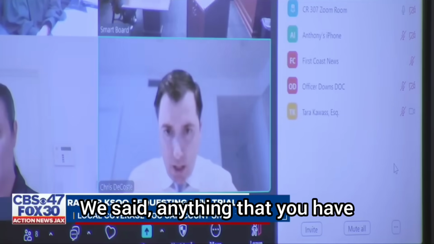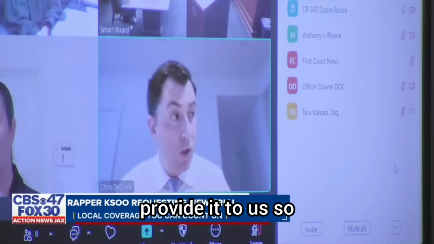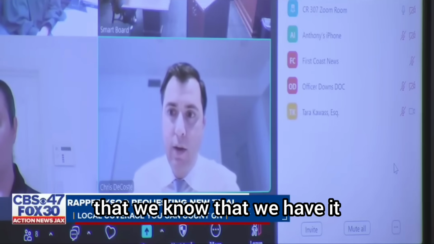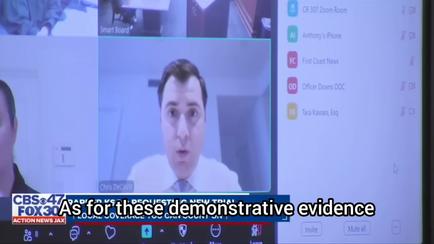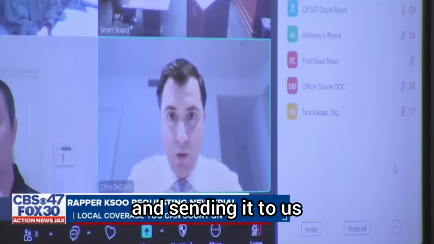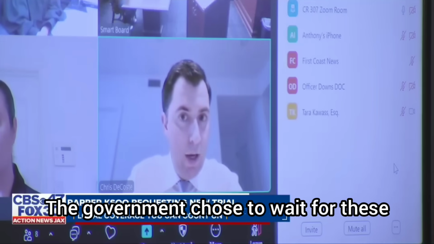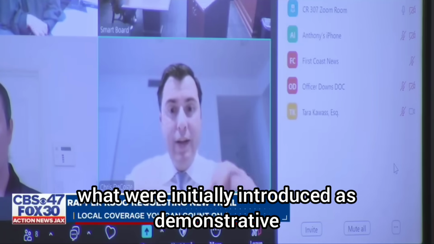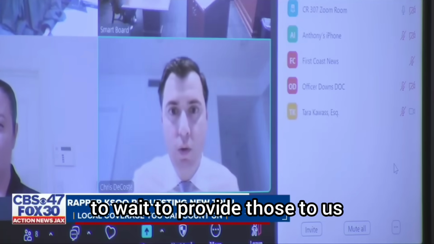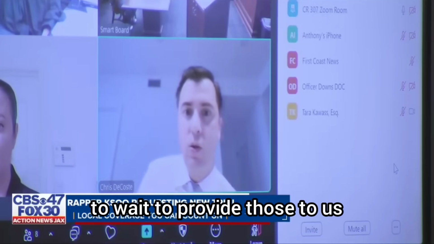We said, anything that you have, provide it to us so that there is a receipt, so that there's a record that we know that we have it. As for these demonstrative evidence, it would have been as easy as Mr. Cooper loading it into an email and sending it to us. The government chose to wait for these, what were initially introduced as demonstrative exhibits, to wait to provide those to us.